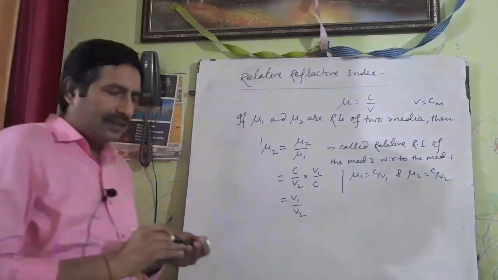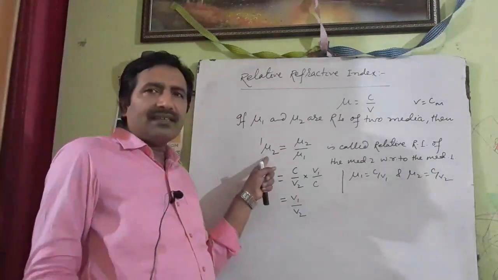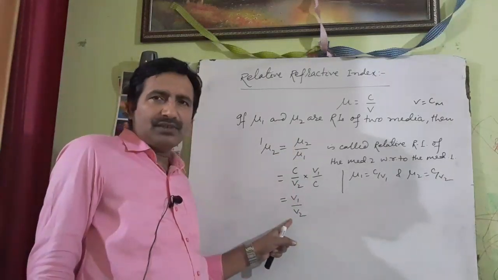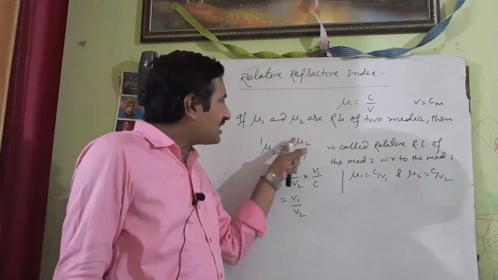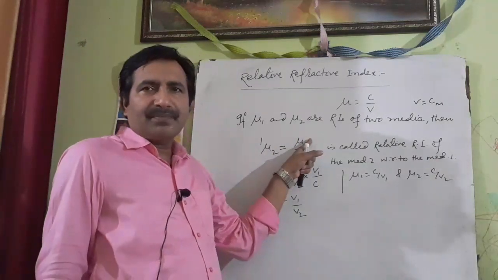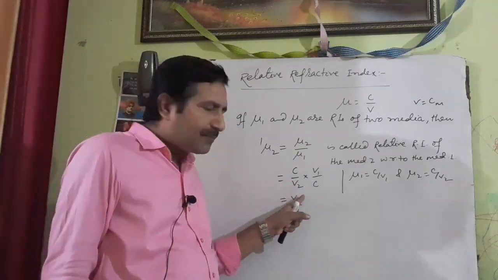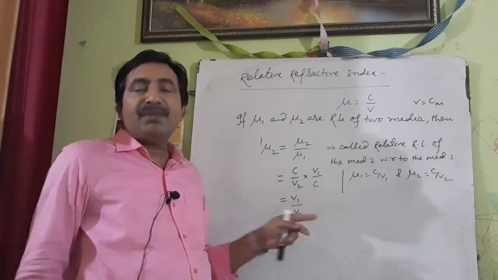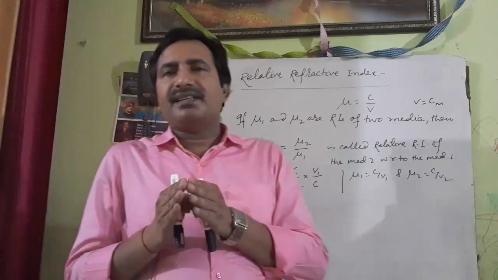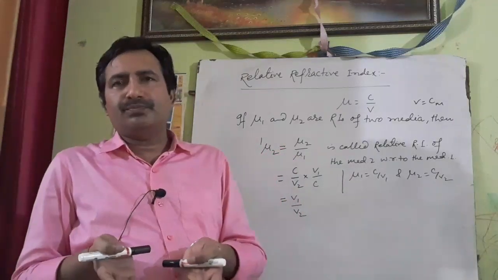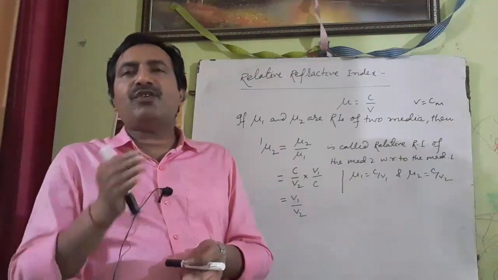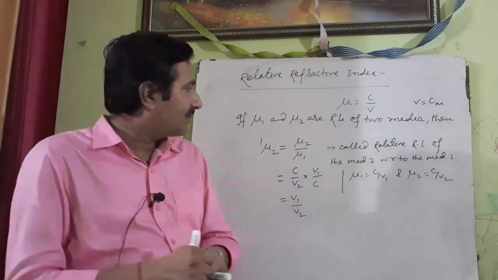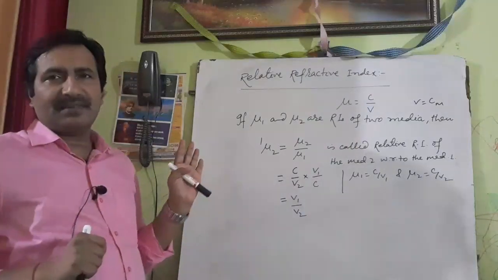You see, relative refractive index is the ratio mu2 by mu1, and it equals V1 by V2. You see, the absolute refractive index of medium 2 is the numerator, and here the speed of light in medium 1 is the numerator. Meaning refractive index is inversely proportional to the speed of light in that particular medium. This is the definition of relative refractive index.